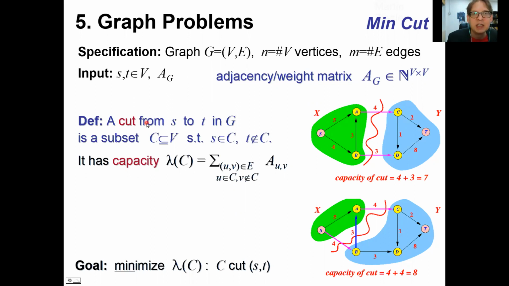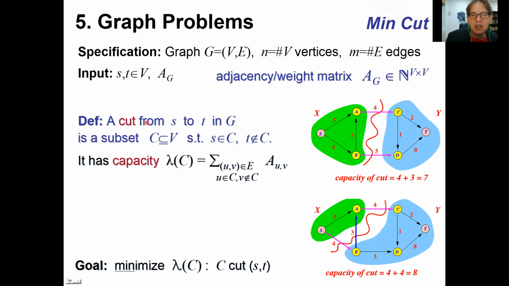Yes, I keep emphasizing the importance of having a full specification of the problem before even starting to consider algorithmic or other solutions to the problem. And here we've arrived at the specification. Input is the graph, a directed graph with non-negative integer weighted edges and a source and a target vertex.